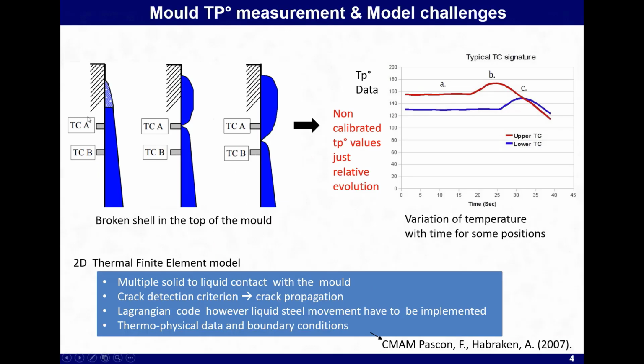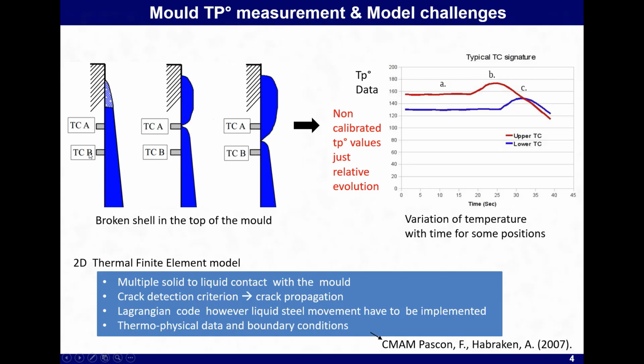For instance, there are thermocouples and more specifically optical fibers at different locations within the mold. You can see that at a certain location A, when everything is okay, the temperature is constant. But when you have a sticking breakout, then at this level the liquid steel is in contact with the mold, and so you have an increase of temperature.